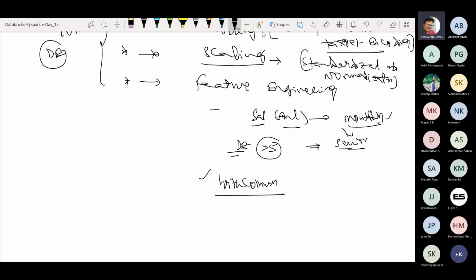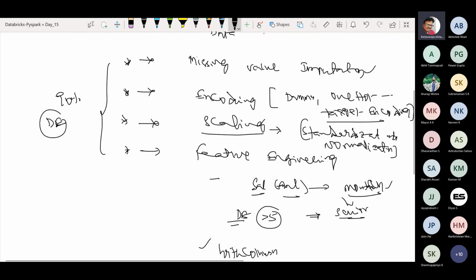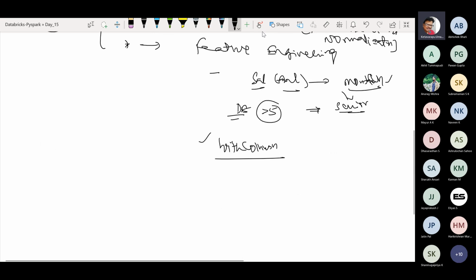Okay, so the DE's activities involve all these kinds of functionalities, and we may be observing this scaling. Scaling is something like age, experience, salary. Generally, guys, this is a one digit, this is also two digit, and this may be 5, 6, 7 digits, it goes on.